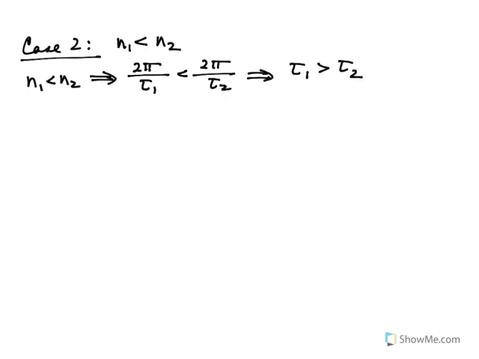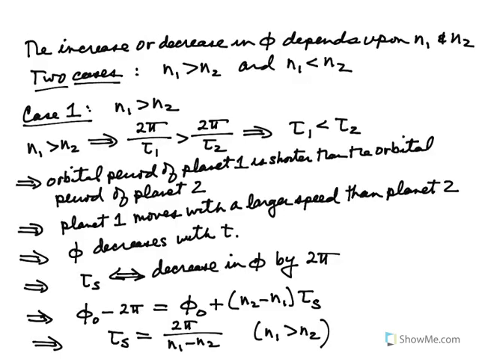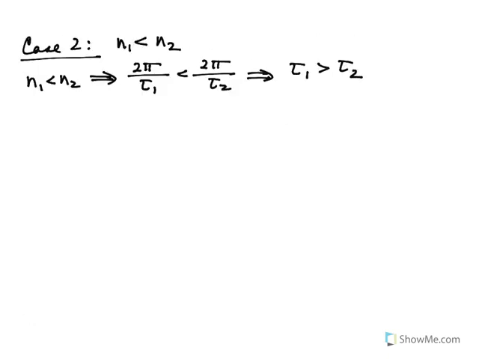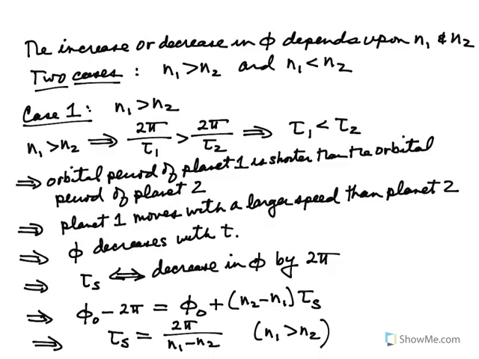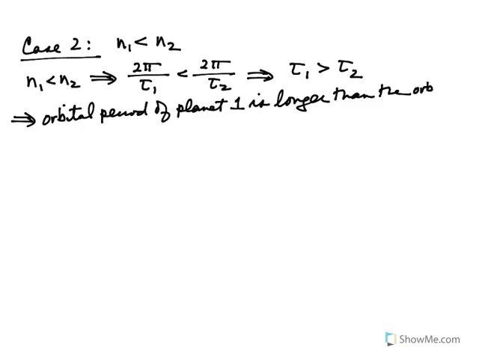And by analogy, that implies that the orbital period of planet 1 is longer than the orbital period of planet 2.